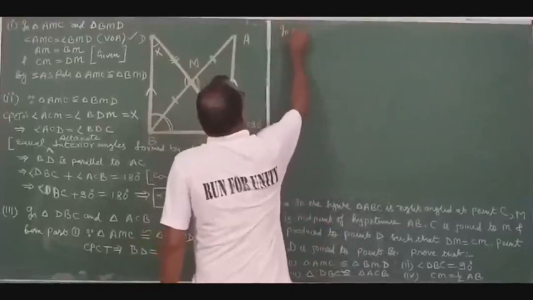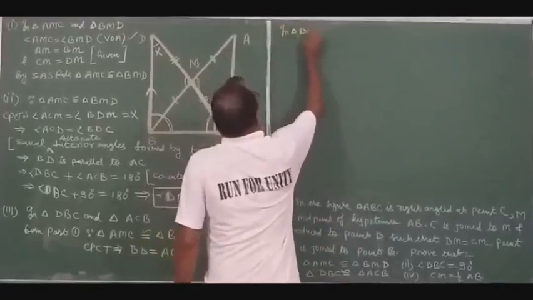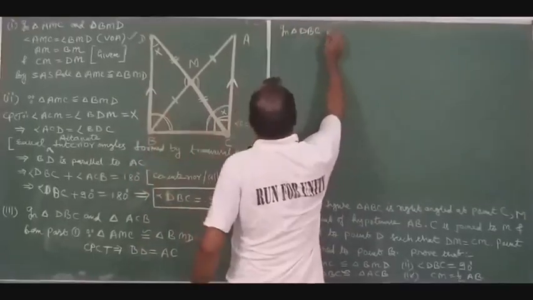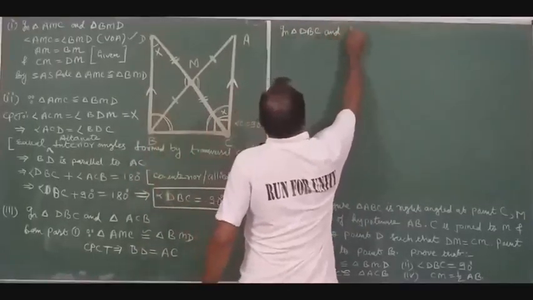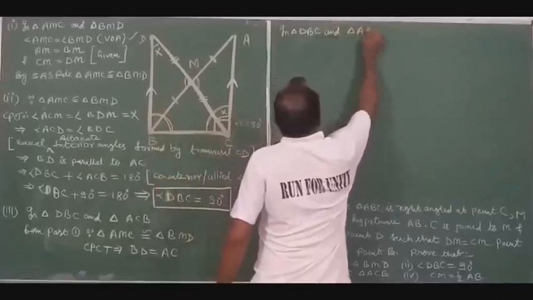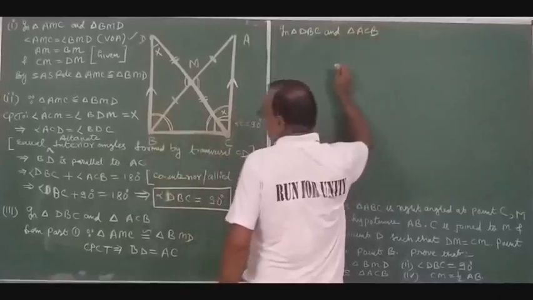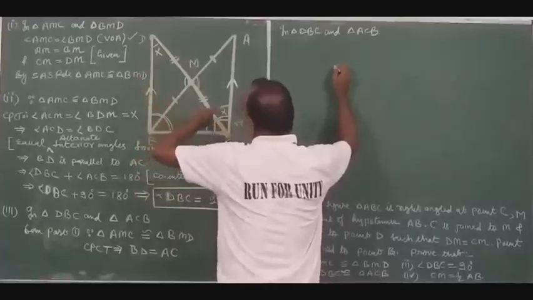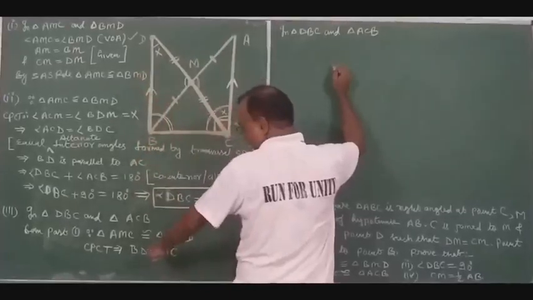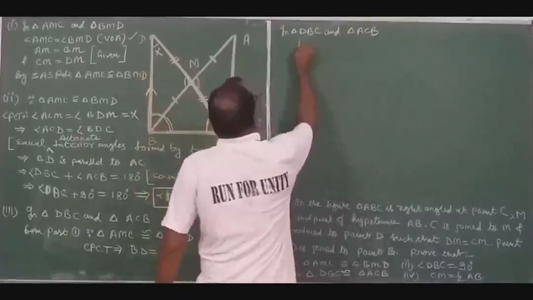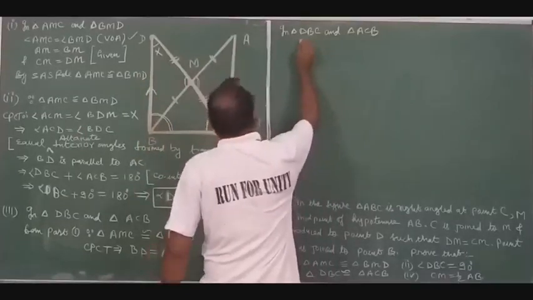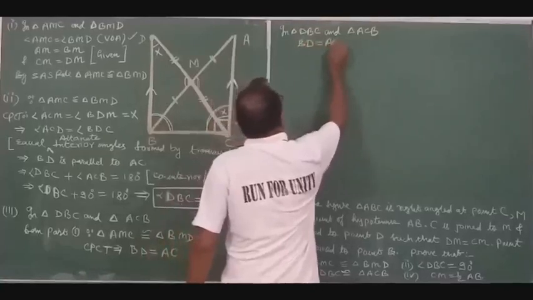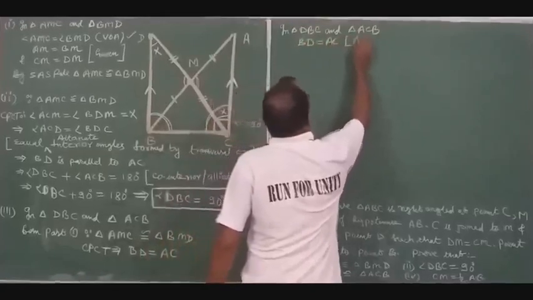Just look here. What is given? This DB, or BD, is equal to AC. What is the reason for this?